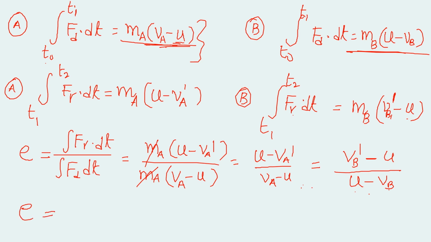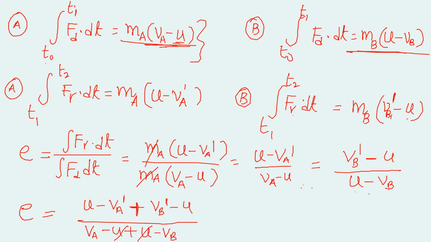Now if we add these two, we have (u minus VA dash plus VB dash minus u) divided by (VA minus u plus u minus VB).